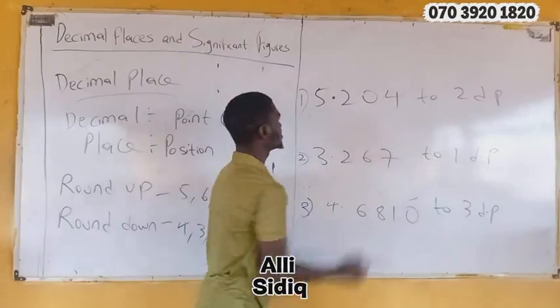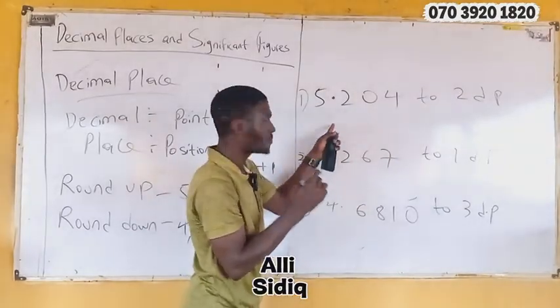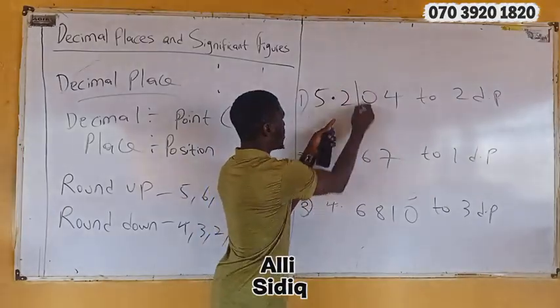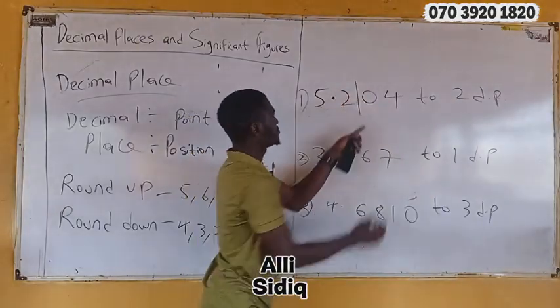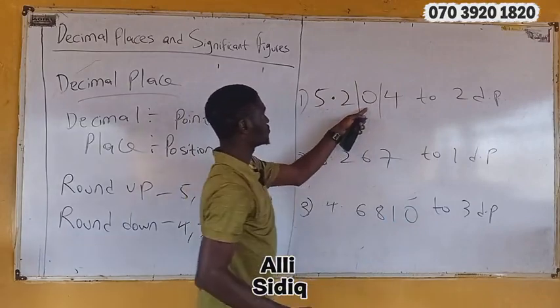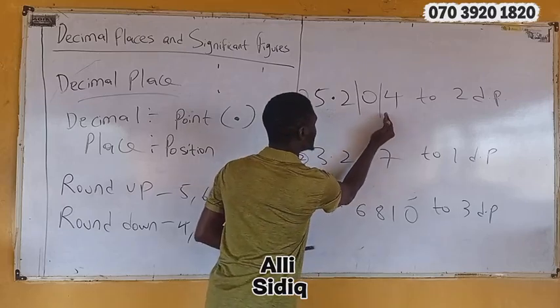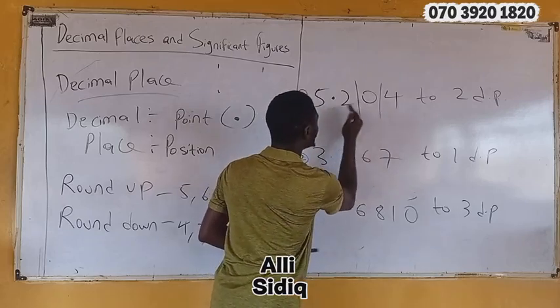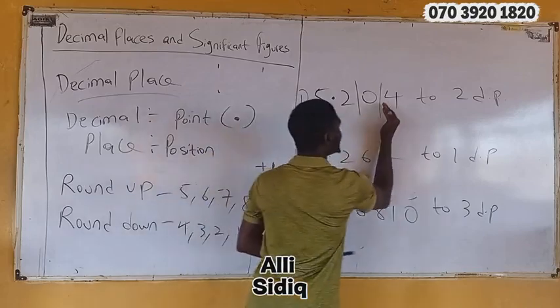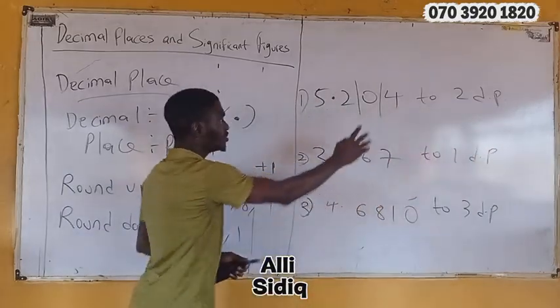To 2 decimal places, I'm starting from the number immediately after my point: that's 1, 2. So I've given a boundary between this 5.20 and the remaining part, where we already have 4.